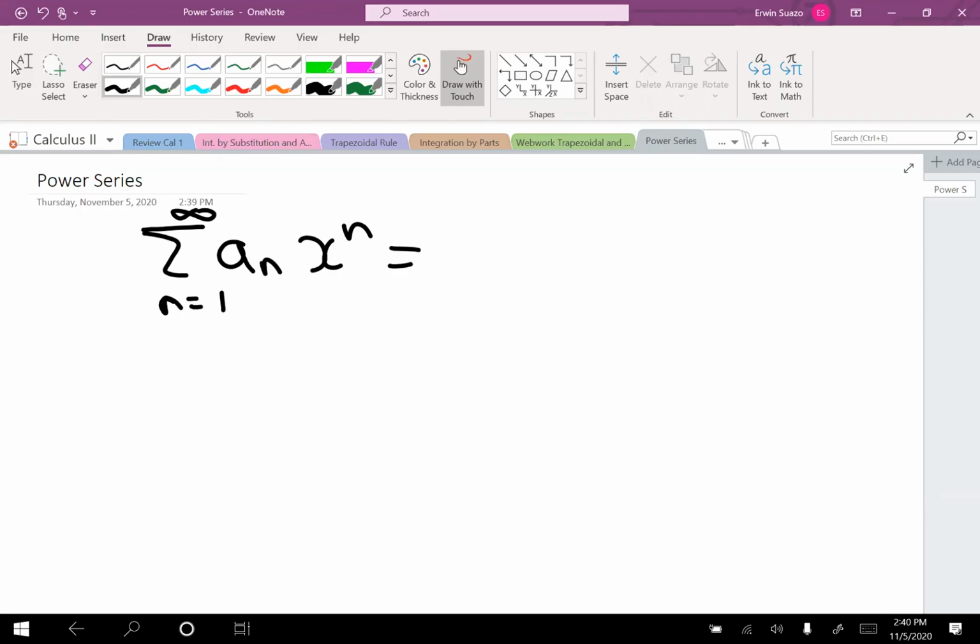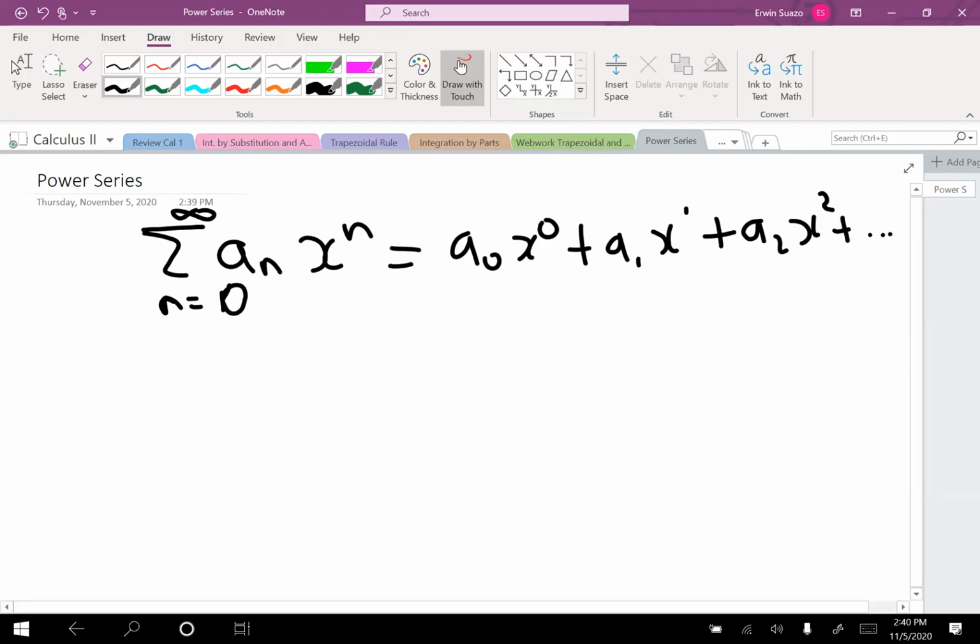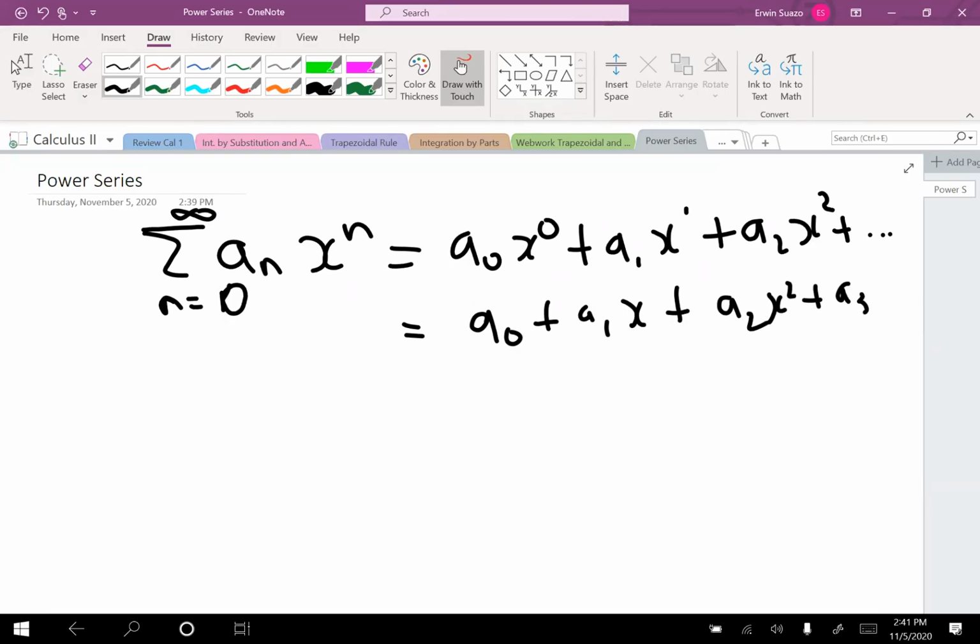We can start at n equals 0. So we get a0 x to the 0 plus a1 x to the 1 plus a2 x to the 2, and then you keep going until infinity. x to the 0 is just 1. So this is a0 plus a1 x plus a2 x squared plus a3 x cubed and so on.